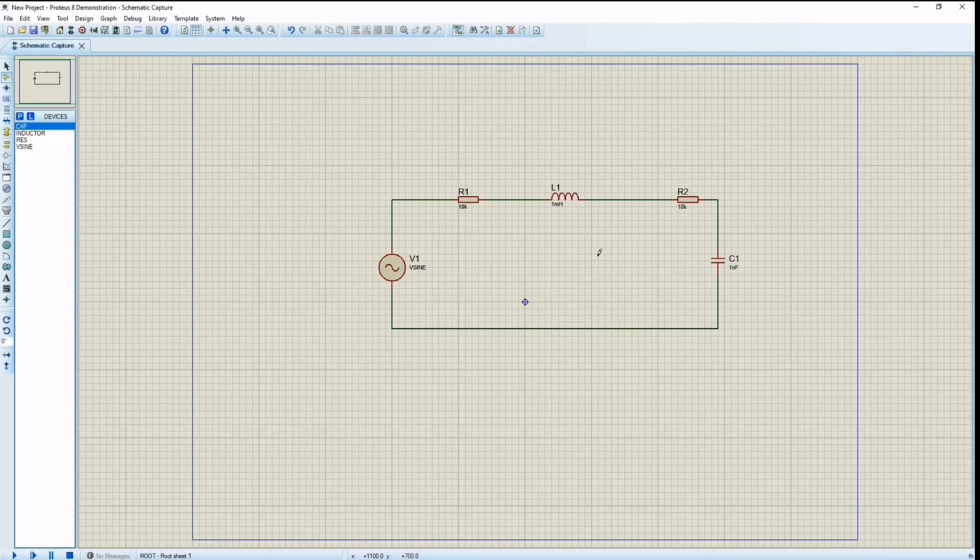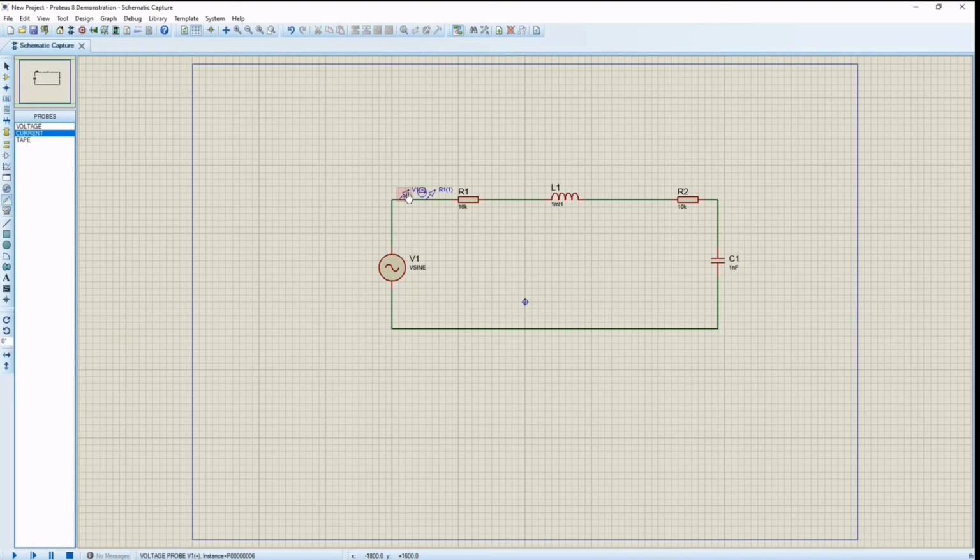And after that, we have to go to this probe mode and take the voltage probe and put it here for voltage, and the current probe for current here.